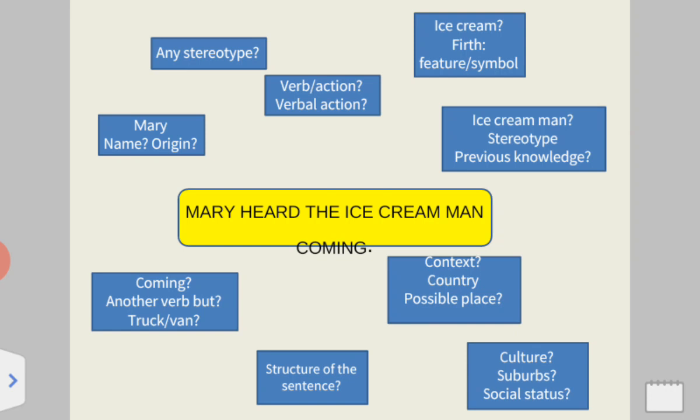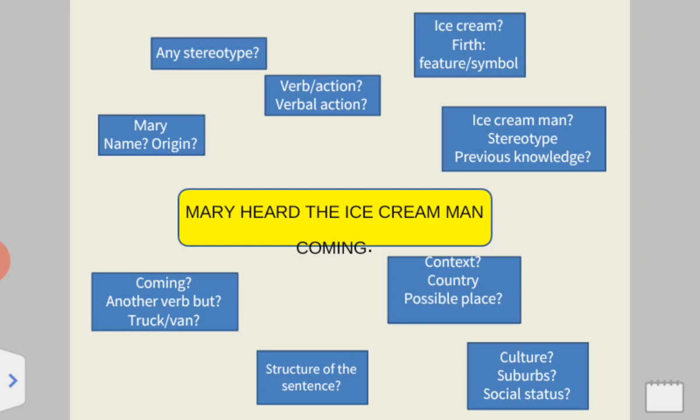When we read this verb heard, we're thinking about sound that is actually connecting the participant with another action, right? And probably she heard the ice cream man coming by via a sound, right?